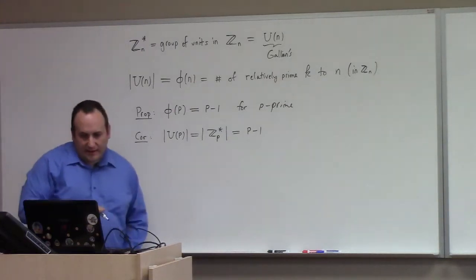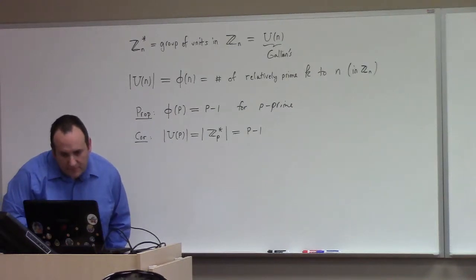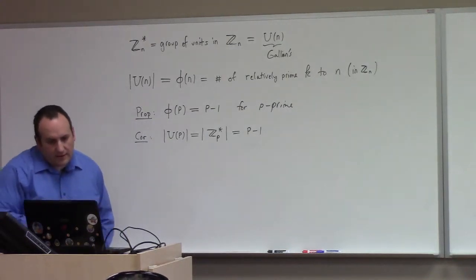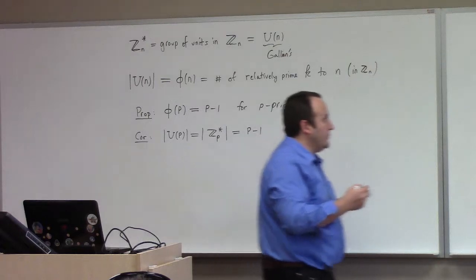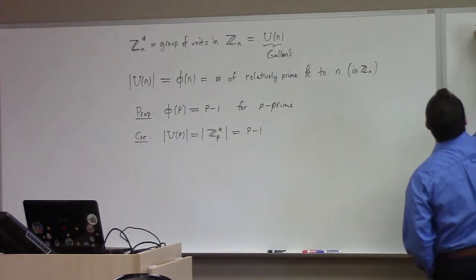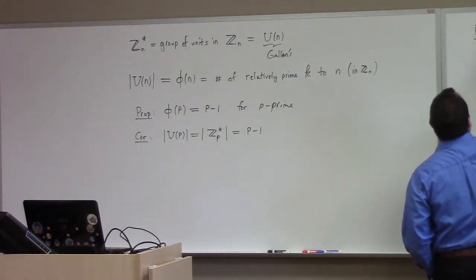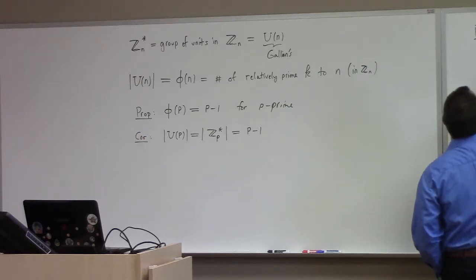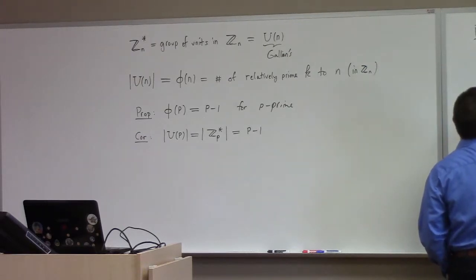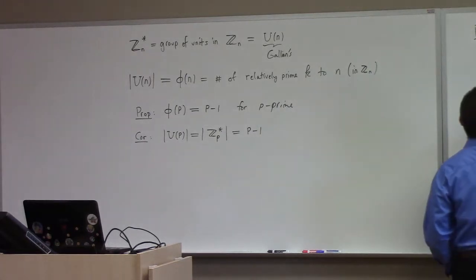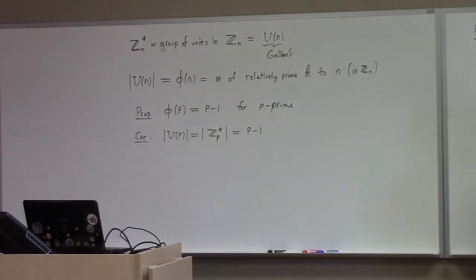What if you look at the group of units for a prime power? I'll state it in terms of the Euler phi function, but what's the Euler phi function of p to the k, where k is greater than or equal to, I guess we should say 2 to keep it interesting, right?